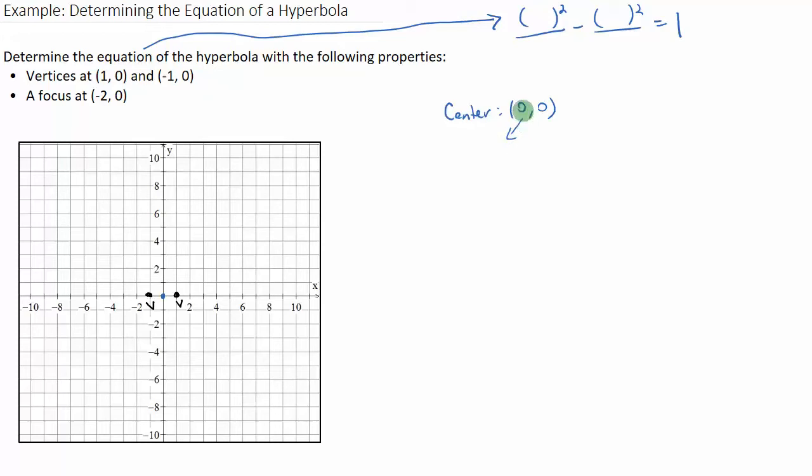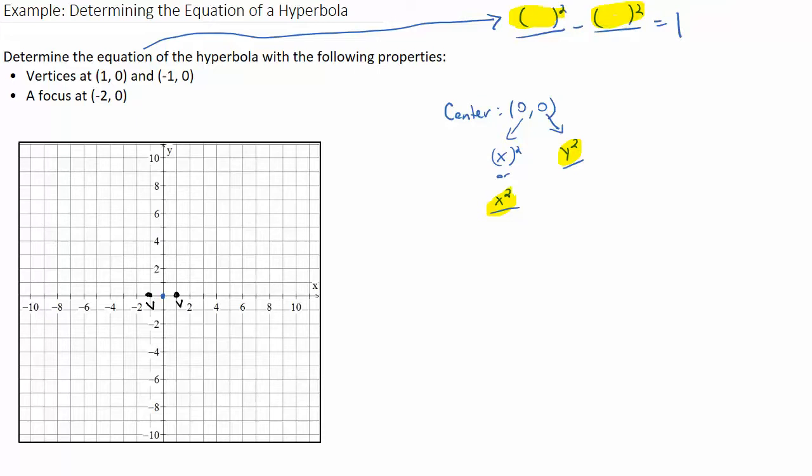Or if this were negative 3, I'd have x plus 3 squared. Since it's 0, it's just x squared. And similarly, I've got y minus 0 or y plus 0, whichever way you want to look at it, so I get a y squared in my equation. So I know that those two pieces are going to be my numerators in my equation.